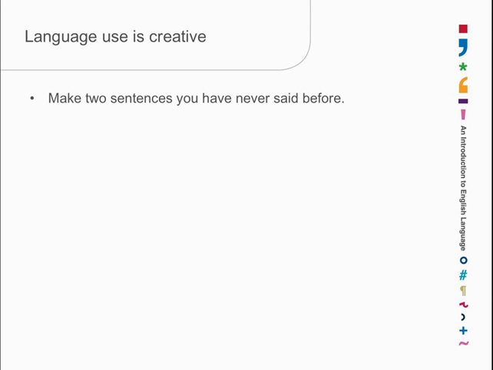Here's a sentence I've never said before. Hammering hairpins in with a hammer on a pincushion is going to get you into trouble. I've never said that before. I really haven't said that before.